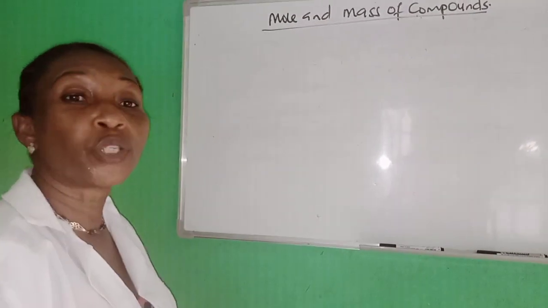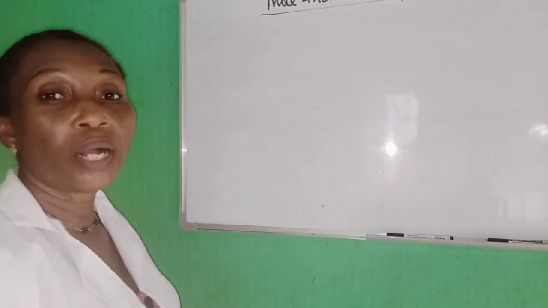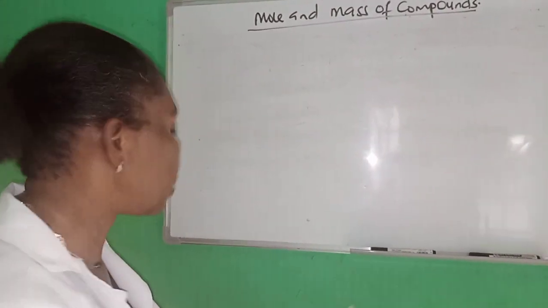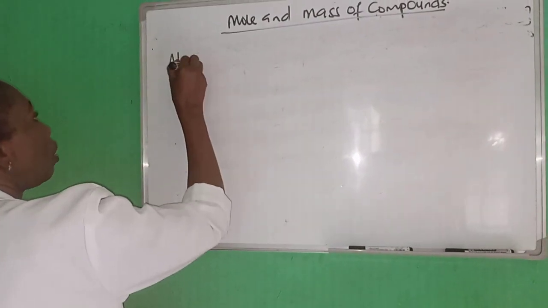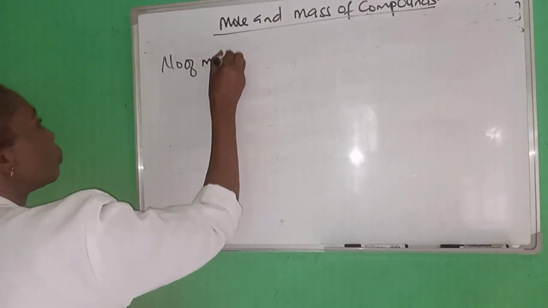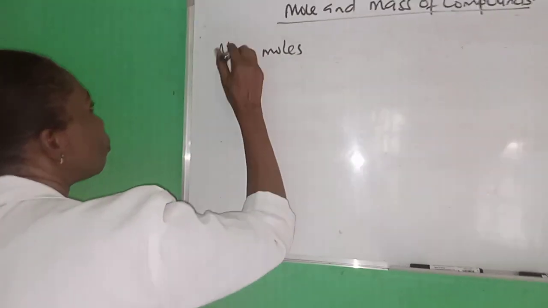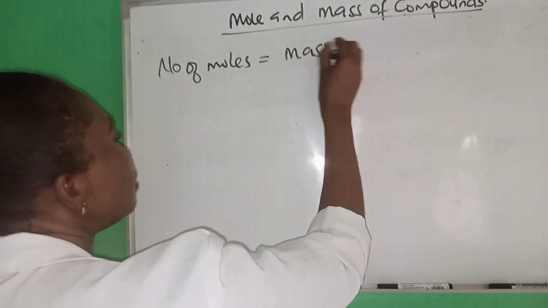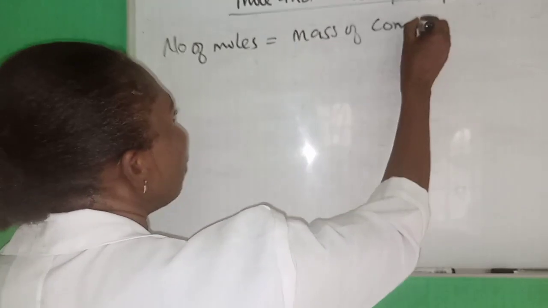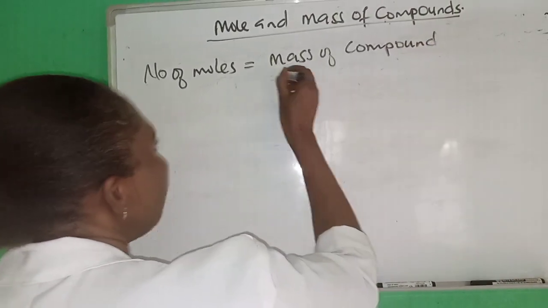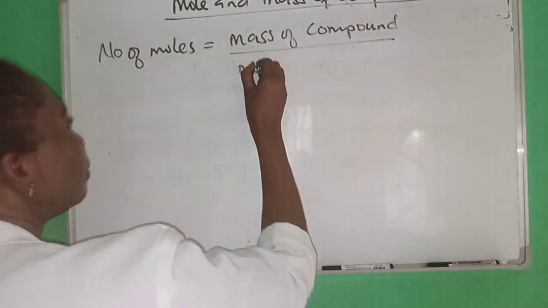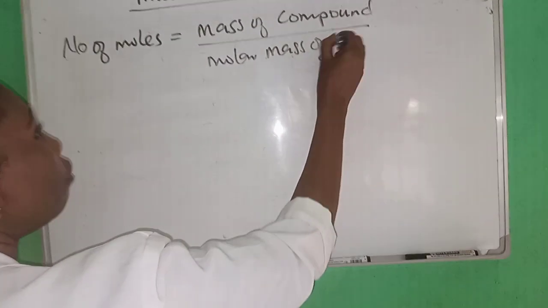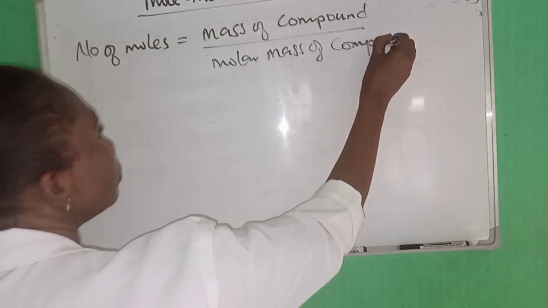So the relationship between the mole and the molar mass of a compound is given as: number of moles is given as mass of compound, of course in grams, divided by molar mass of compound.